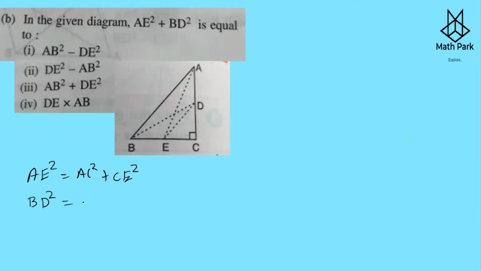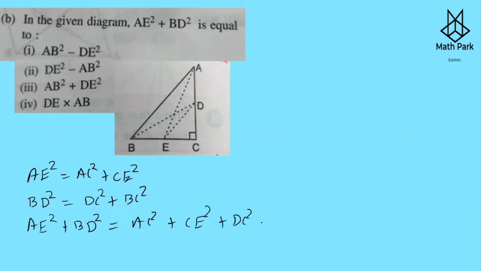So you get BD square is equal to DC square plus BC square. Let us add these two equations. So we have AE square plus BD square is equal to AC square plus CE square plus DC square plus BC square. Now look at the options given here and check which is applicable.